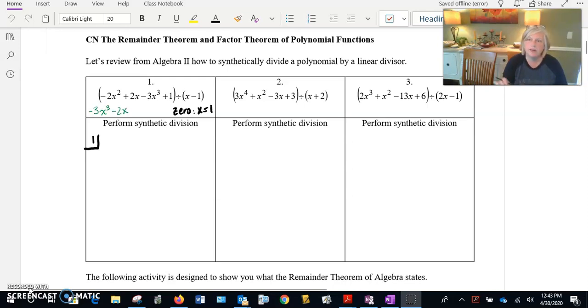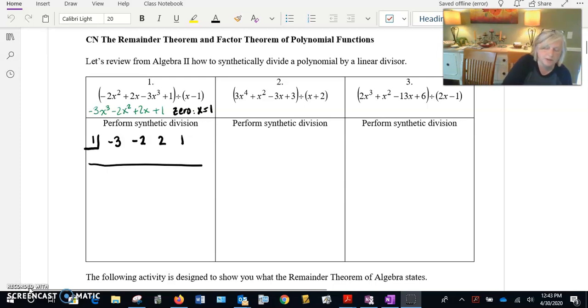When we're writing it down in the synthetic division, it needs to be in descending order for the coefficients. So we're going to grab each coefficient and write them in a list: negative 3, negative 2, 2, and 1. Leave yourself a little space, and then I like to draw a little line down at the bottom to let me know that I'm getting ready to do synthetic division.